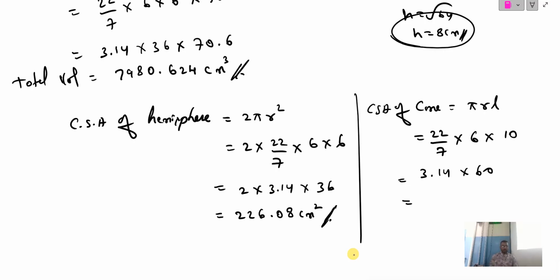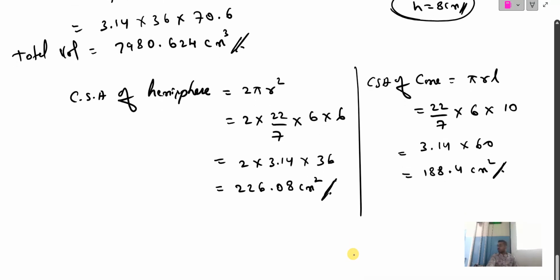Not centimeter square, because centimeter square gets cancelled in a ratio. You have to keep the answer as it is. So this is the ratio. 226.08 is to 188.4. At last, that's all. You should write that step. Ratio means you keep it in the form of a ratio.